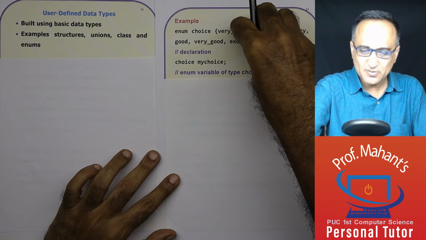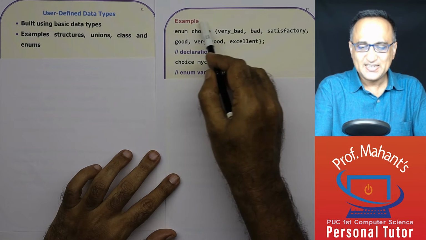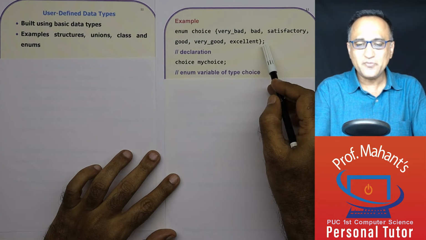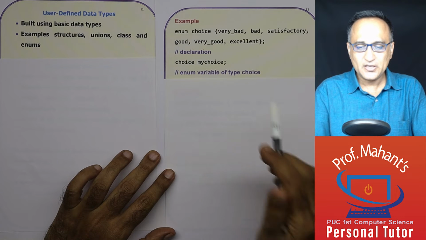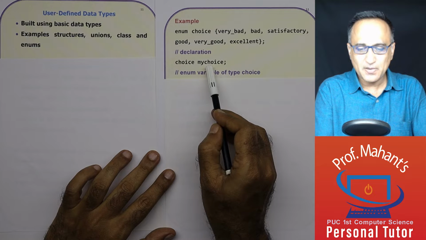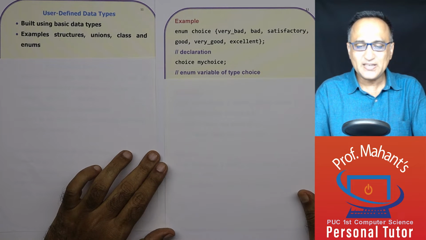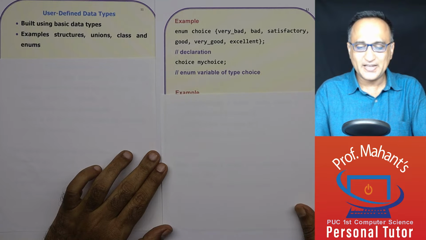This is just the model of the enum data type, showing how the enum variable is going to look. Now choice is the model name. So if I say choice, my choice is now a variable of the enum type of data.